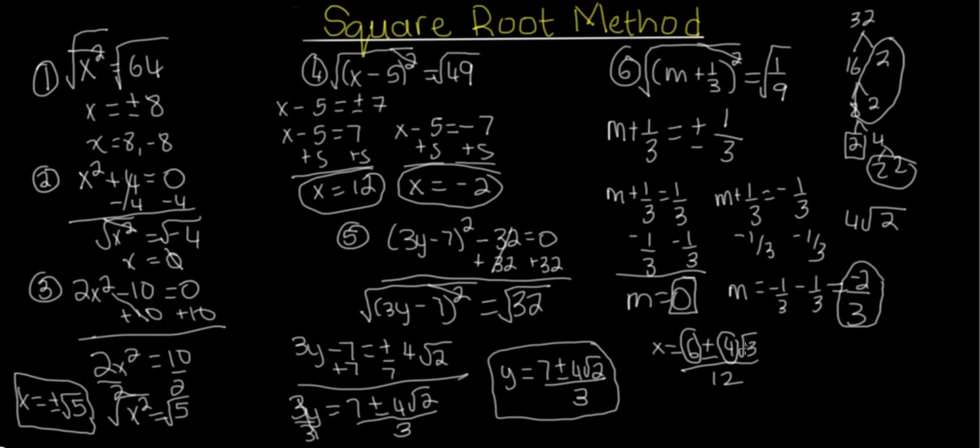Think of it like it's blocked in there, and the denominator. If there's a number you can divide by all of those, you want to go ahead and do that. So for this one, I know I can divide all of them by 2. So 6 divided by 2 is 3 plus or minus 4 divided by 2 is 2. Square root of 3 over 12 divided by 2 is 6.